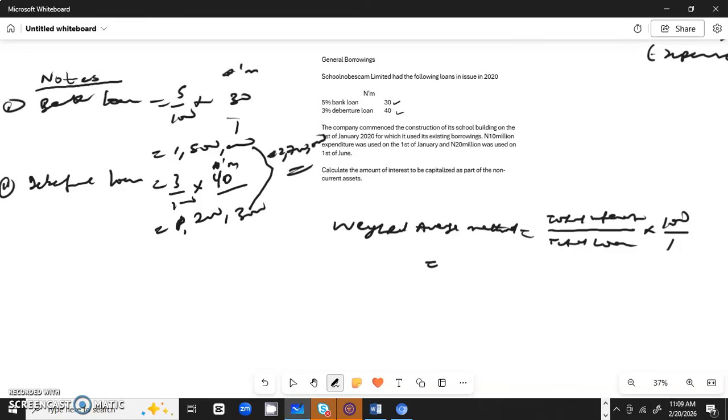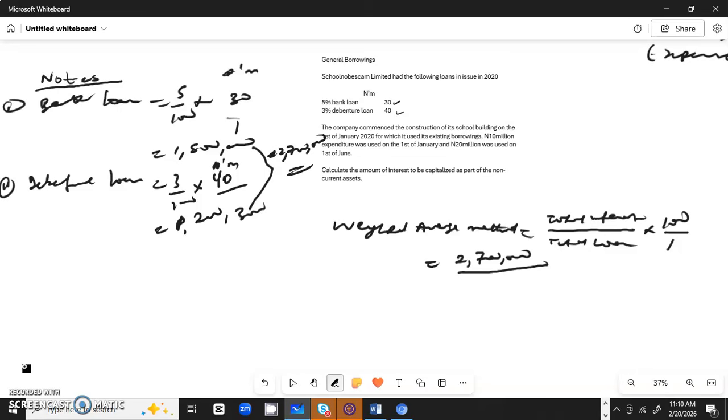We have the weighted average method to determine the interest rate to apply to the loans taken. So we have total interest calculated, that is 2,700,000, divided by the total loan.